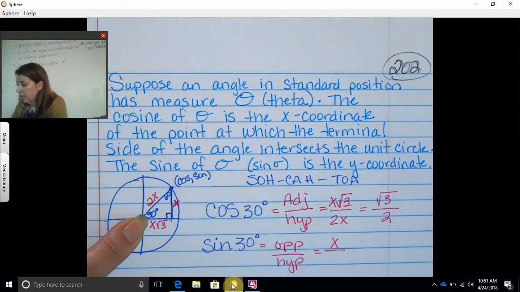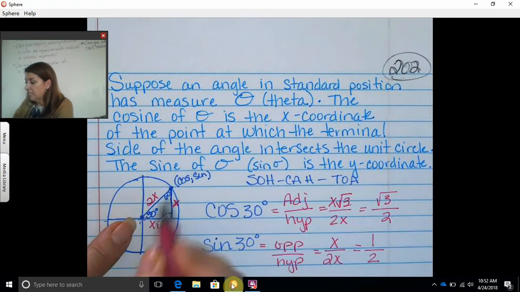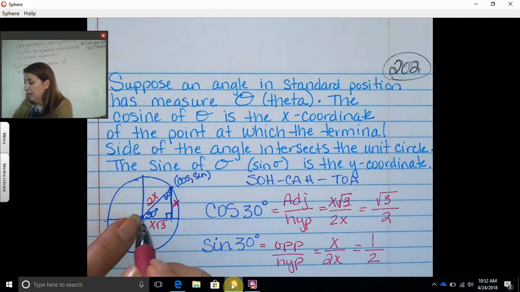And what is the length of the hypotenuse? 2x. Do my x's cancel? Yeah, so what's left in the numerator? 1, and the denominator? 2. So that ordered pair, where this line intersects the x-axis, the x value is square root of 3 over 2, the y value is 1/2.